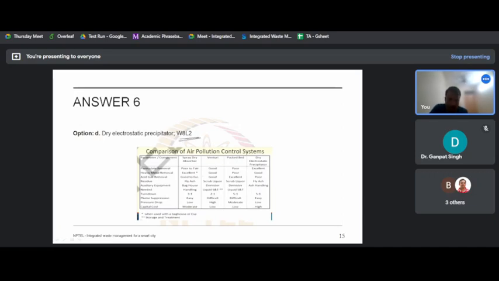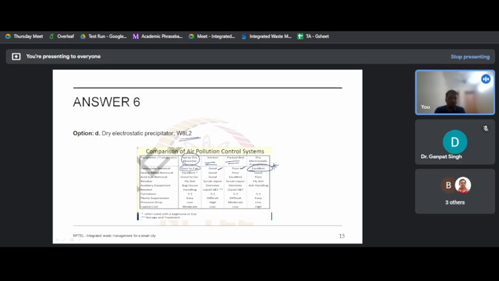Here we can see the classification of the air pollution control systems. We have the dry absorber, the Venturi scrubber, the packed bed, and the dry ESP. Looking at particulate removal, the dry absorber has low levels, Venturi gets good levels, packed bed again low levels, and for dry ESP we get a high, excellent efficiency.